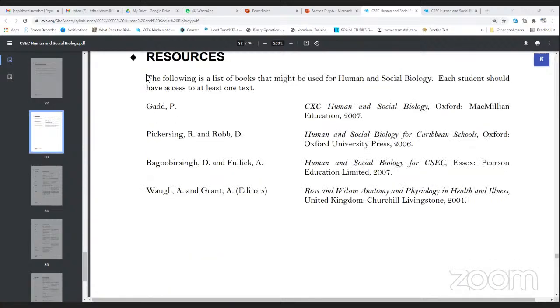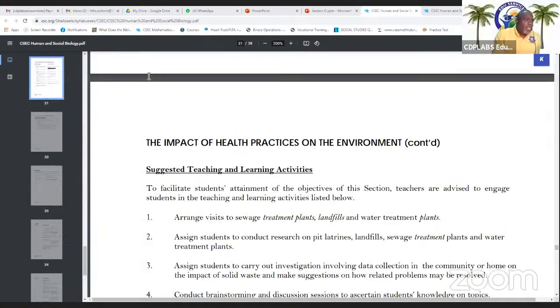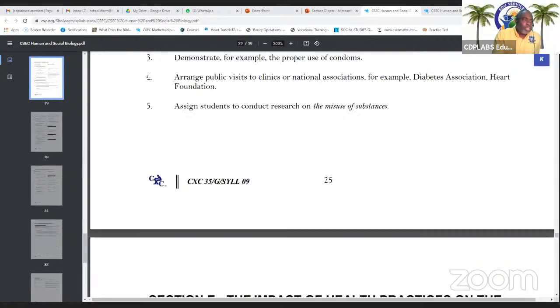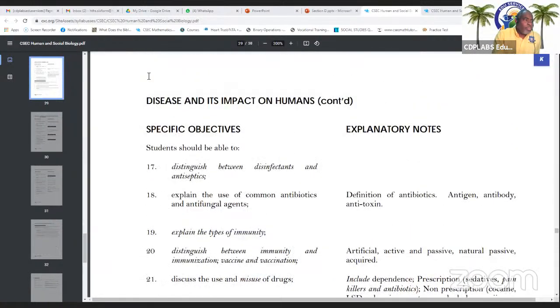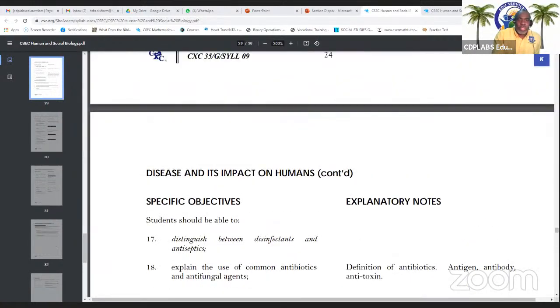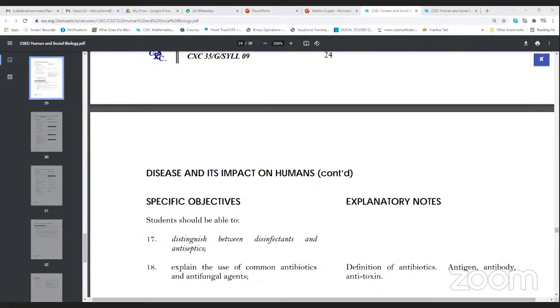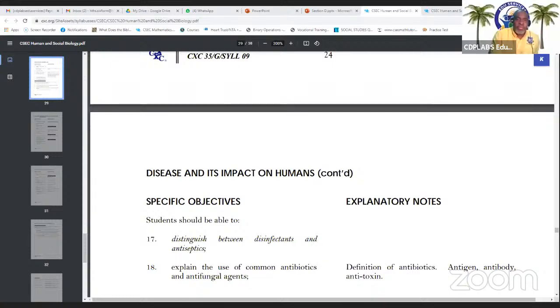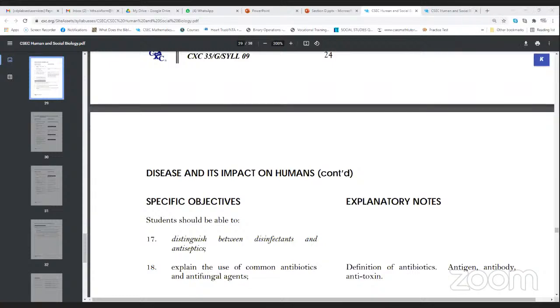It's very important. I think I should put it in resources so everybody can have access to it. But no, we can't print it. Yeah. I said, I'm fine.